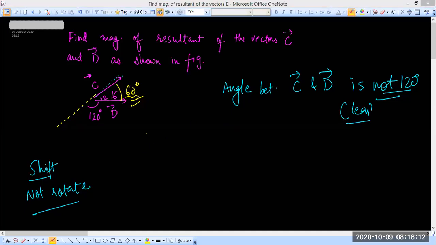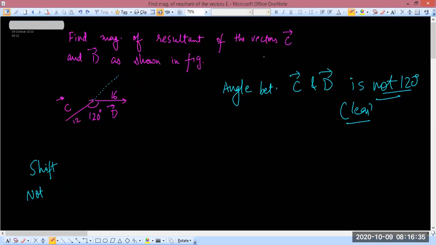Okay, so now solve this problem. Come on, everybody. Find the magnitude of the resultant. Okay, hurry up. Are you sure, Falak?